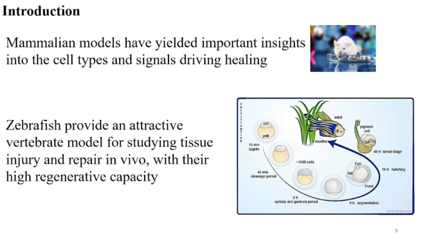In addition, the authors have developed a method for long-term optical imaging of intubated living adult fish. These features are complemented by a plethora of transgenic and mutant fish lines available for the direct visualization and functional manipulation of the different epithelial, immune, vascular, and other cell populations contributing to wound healing.